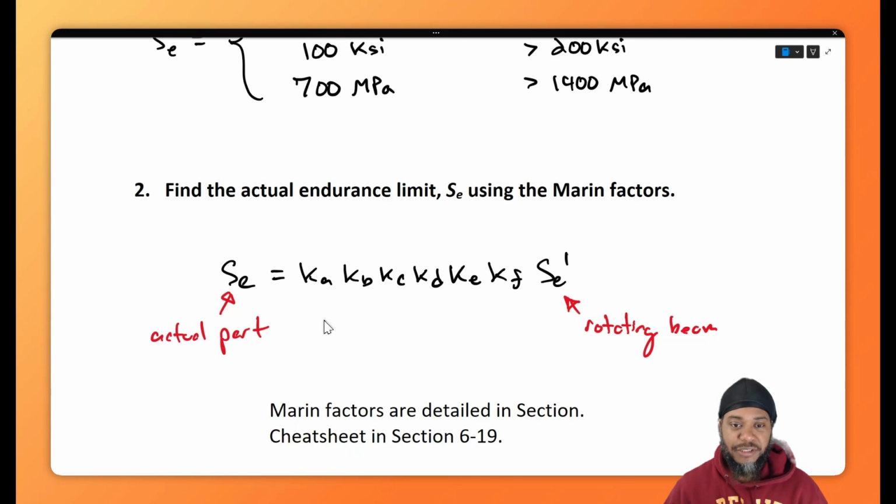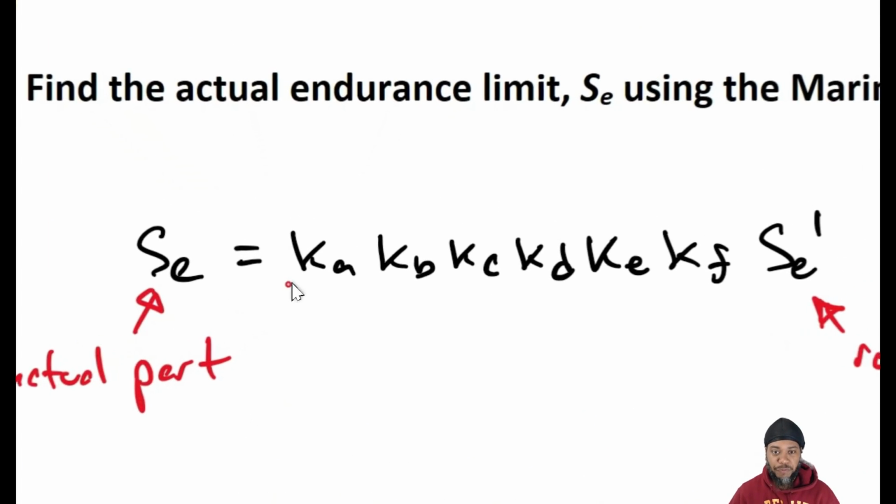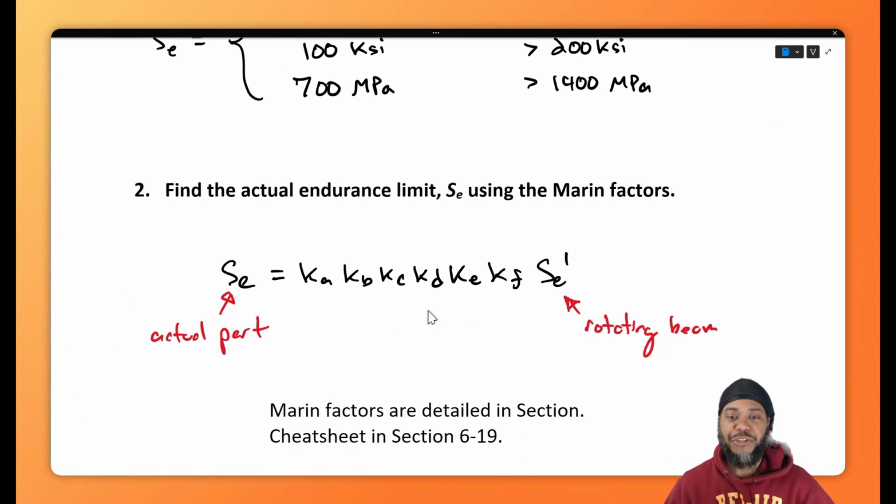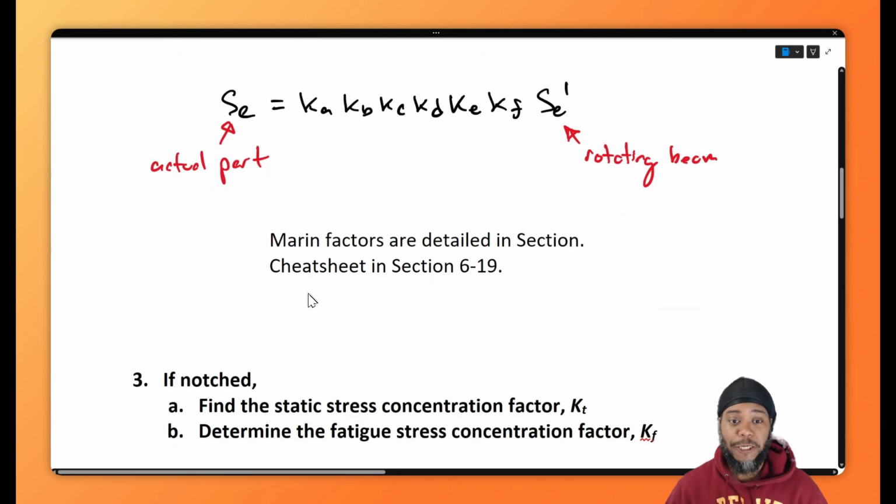Things like size, loading condition, temperature, reliability factors, miscellaneous factors. We need to go through all of these steps for every problem and make sure that we apply these factors if they are mentioned, and if a factor is not mentioned in the problem statement or does not apply, we set that factor equal to 1.